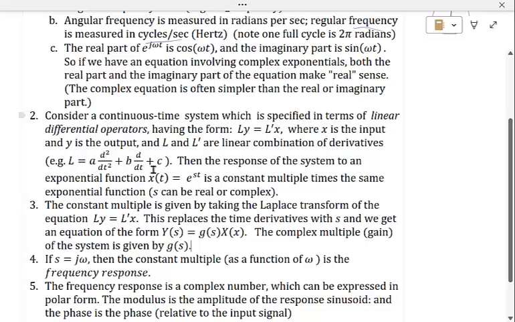Just replace the derivatives by s, and the y and the x you don't really care about. Those are just going to be symbols, but the derivatives will be replaced by polynomials in s, and you simply take the ratio of these two polynomials, and that will give you G.